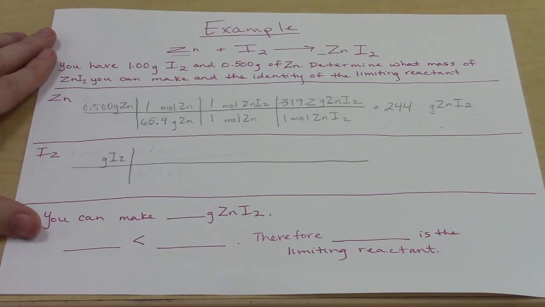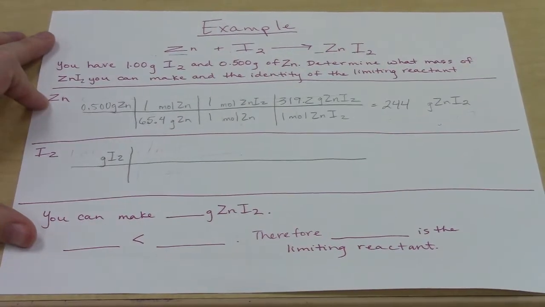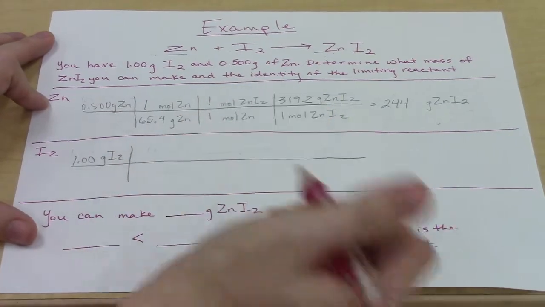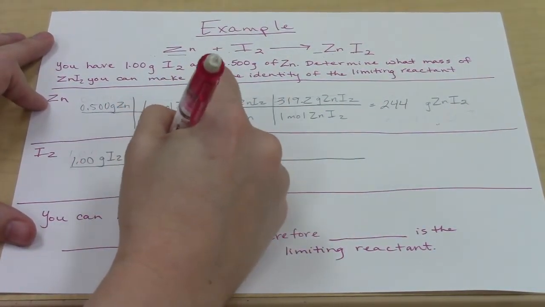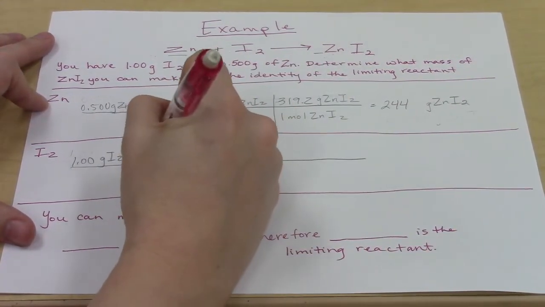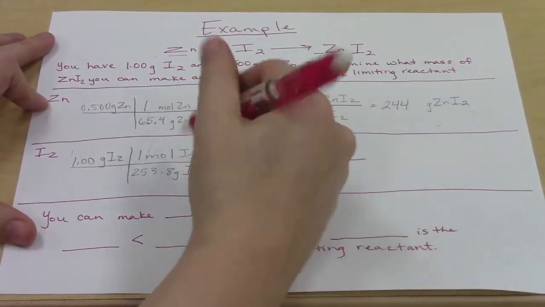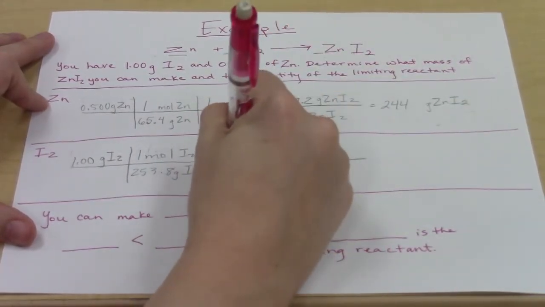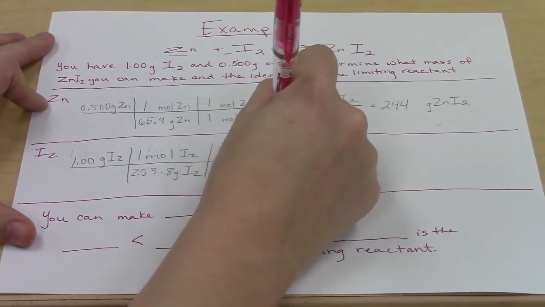So now, we've done it for the first one. Now we need to do it for iodine gas. All right, I'm going to work through this one a lot more quickly. Okay, I'm given that we have 1.00 grams of iodine gas. The molar mass of that is 253.8 grams of iodine in every 1 mole of iodine. All right, and then I'm going to use the ratio. Now we have 1 to 1 again. So for every 1 mole of iodine, we have 1 mole of zinc iodide.